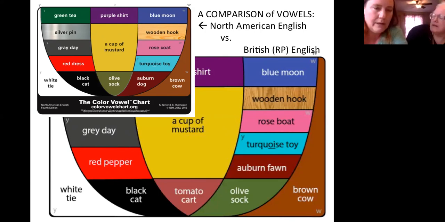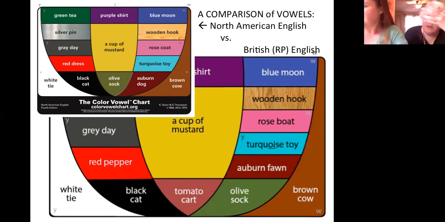Whereas the color vowel chart and the color vowel approach to teaching takes a descriptive approach, looking at ways that speakers of English, in the broadest sense, both native and non-native, communicate effectively, and how the chart helps us talk about why that communication is successful. And where there is communication breakdown, what happened. So in a sense, it's both a guide to achieve effective communication and a resource to deconstruct what happened when there was a misunderstanding.